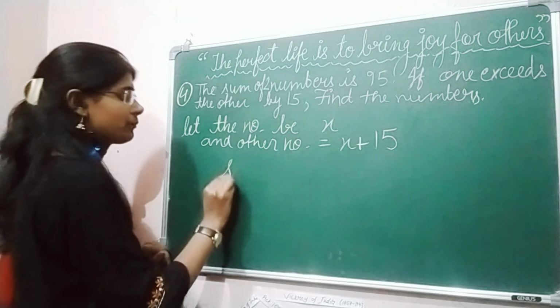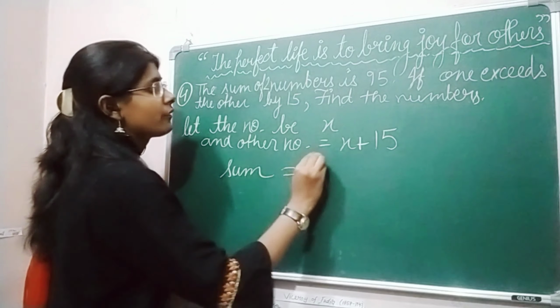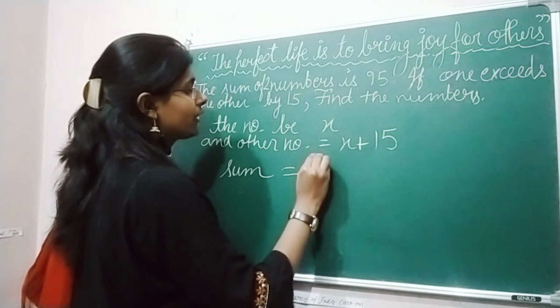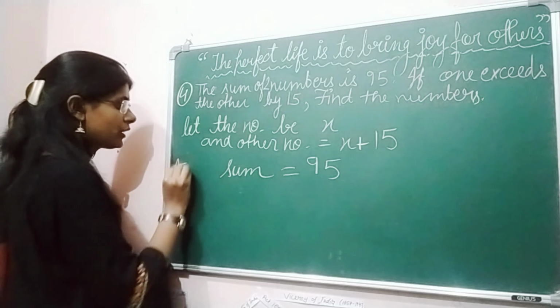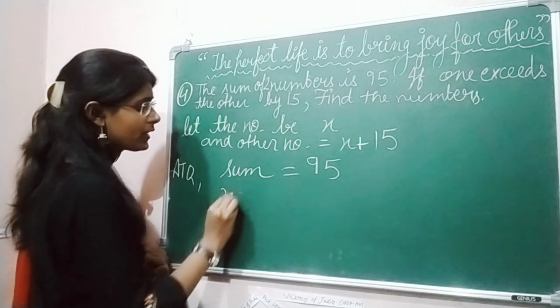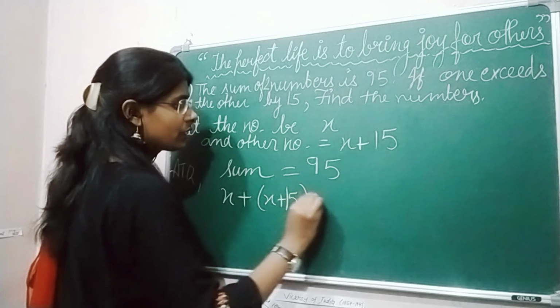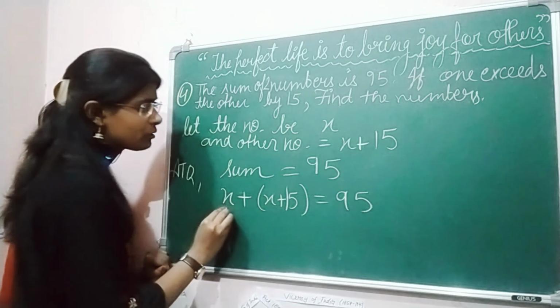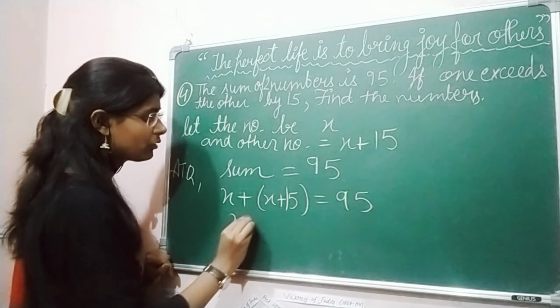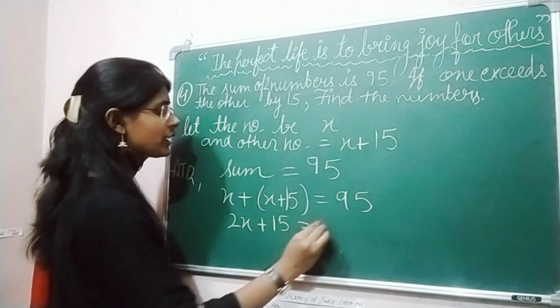Because the sum is 95. So according to the question, sum means x plus x plus 15 is equal to 95. So this x and this x, they will be added and you will get 2x plus 15 is equal to 95.